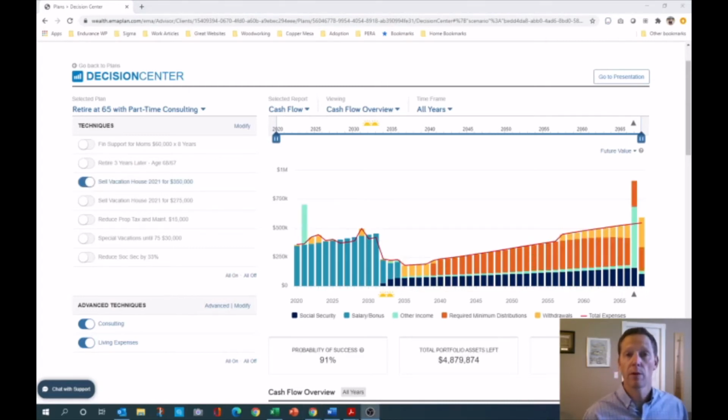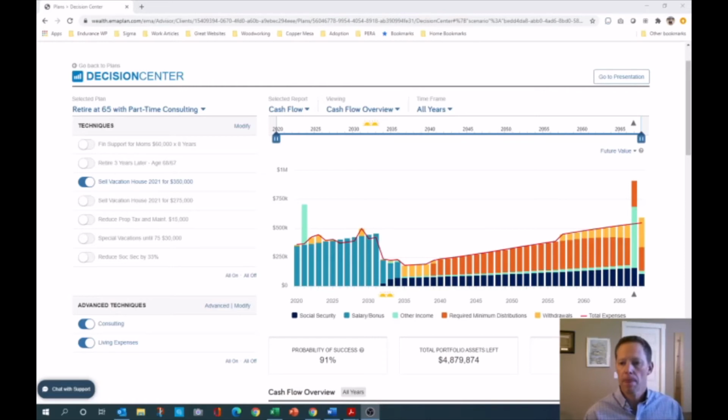All right, after the program finished doing its thing, we now see a 91% success rate, or a probability of success at 91%. What that means is, based on all different scenarios, if the markets go up, down, a long time, a bull market, bear markets, what have you, we will have a better understanding of where they're at and these choices that they could make, and how that will affect their long-term plan.